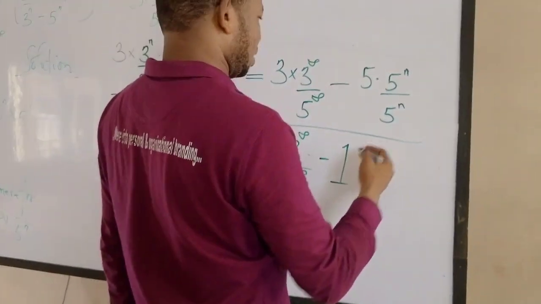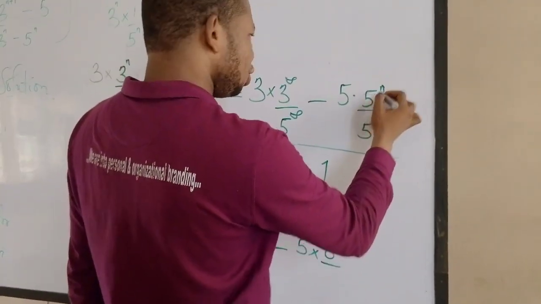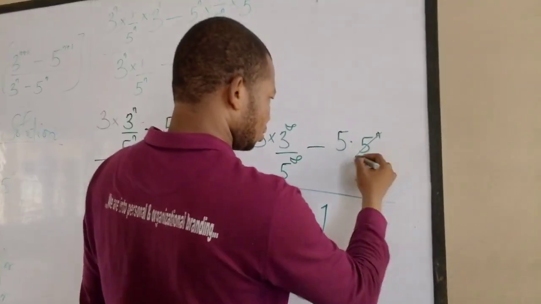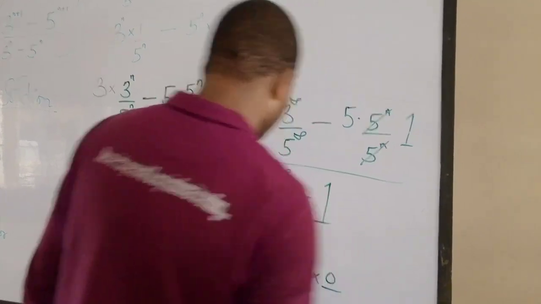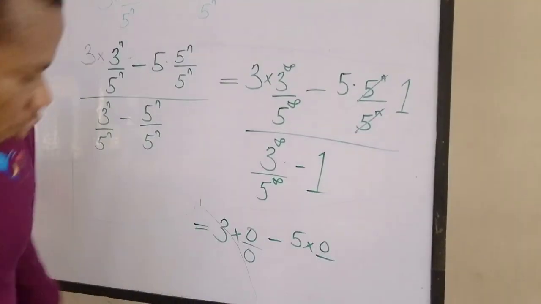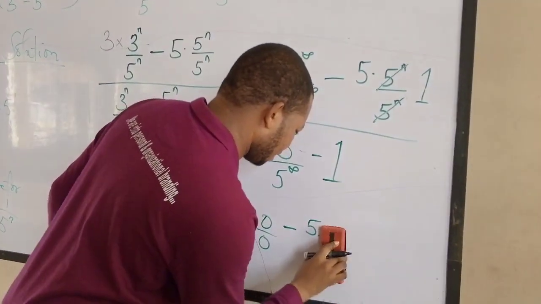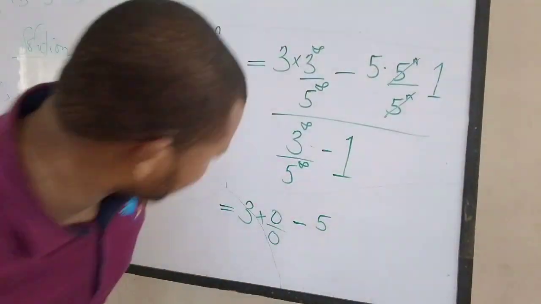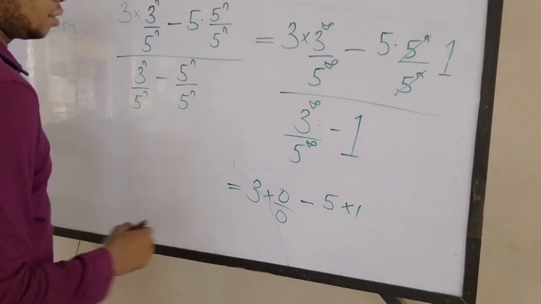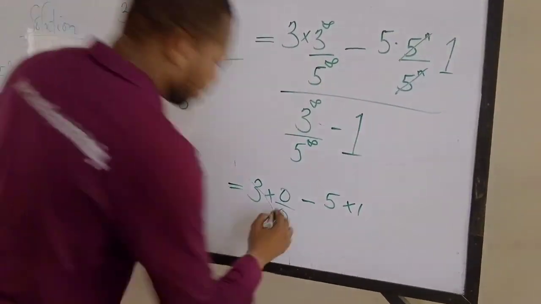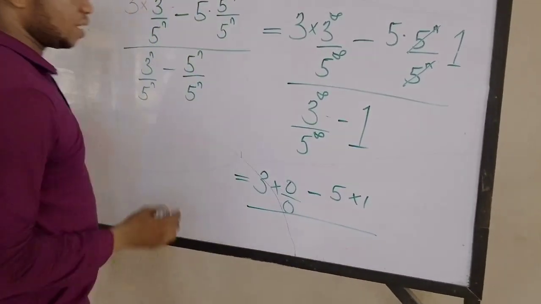This one will cancel out, cancel out, giving us 1. So it becomes 5 times 1, which is 5. That is for the numerator. We now go over to the denominator.